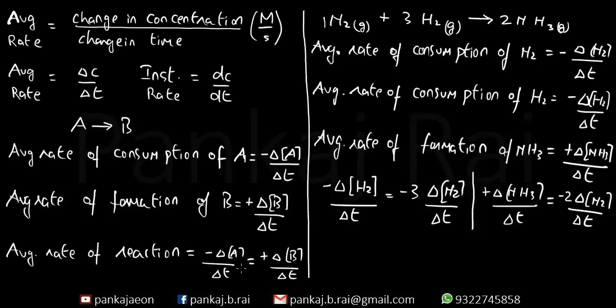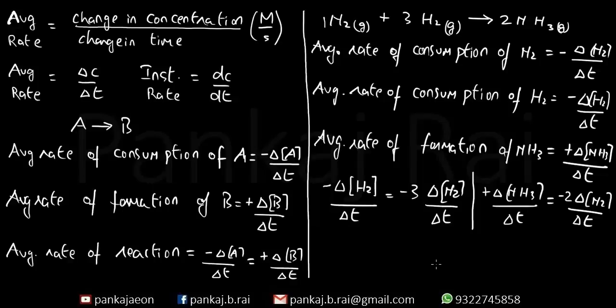As in this case, we have the average rate of reaction represented in the form of concentration of A, and in this case the average rate of reaction is represented in the form of B. So here, what if I have to represent the rate of reaction in terms of N2 or H2 or NH3? It has to be the same irrespective of their different rates of consumption and formation.